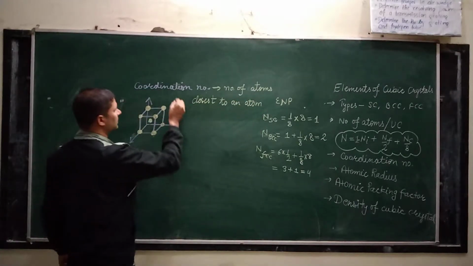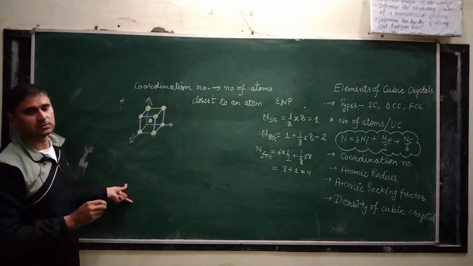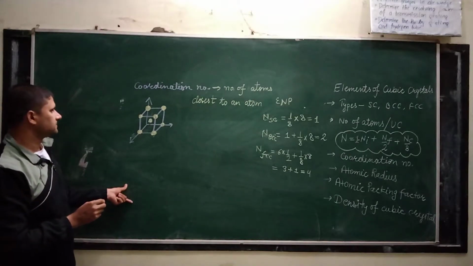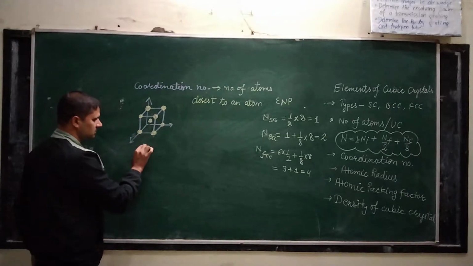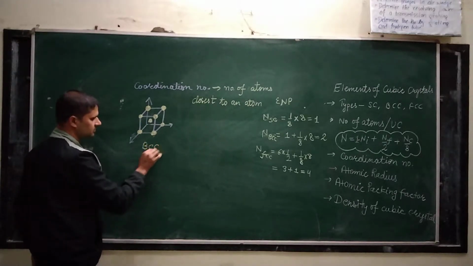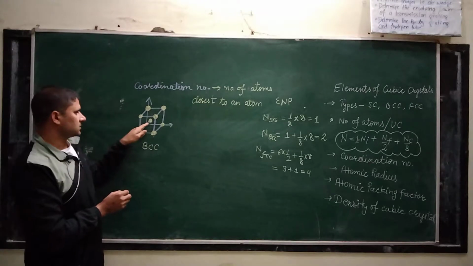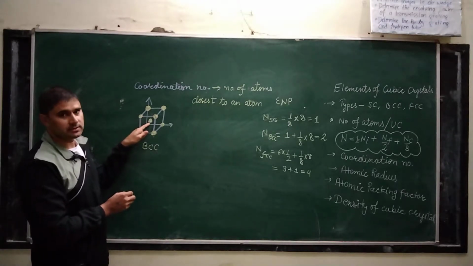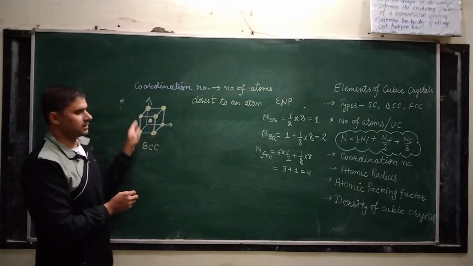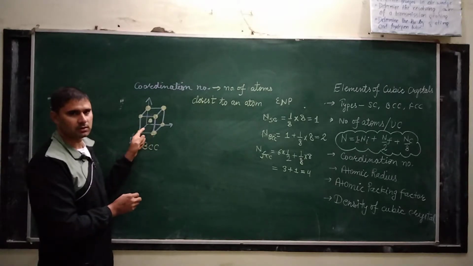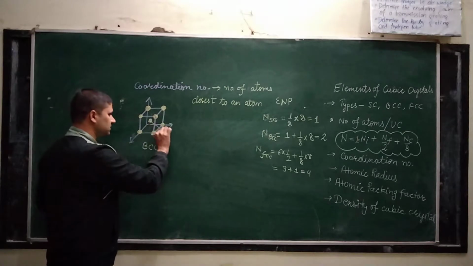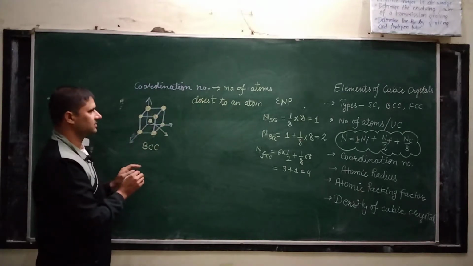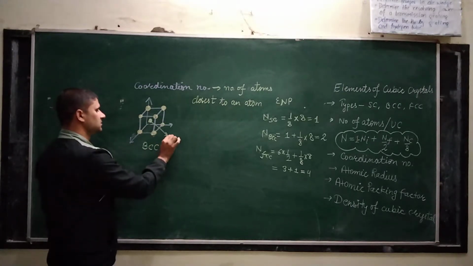This is what the coordination number is. Now in the case of body centered cubic, this particle at the center is touched by 8 particles at the corner. So I can say the coordination number of this particle at the center is 8.